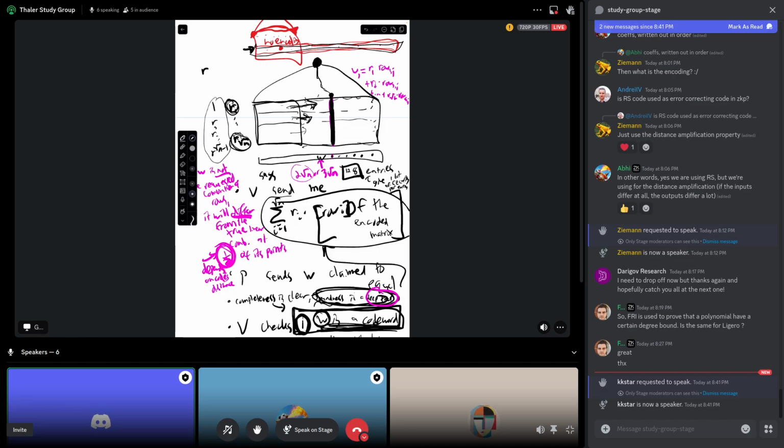Whereas with FRI, you have a length n vector, and you're more or less just building a Merkle tree over that vector, hashing each field element at the leaf, and then hashing those hashes, so everything is small pieces getting hashed. So those are two significant benefits for the prover for the Ligero breakdown. The downside, of course, is root n size proofs are pretty big.